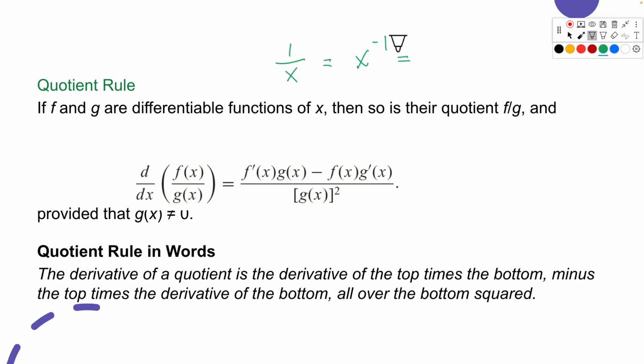When we take its derivative, that is going to come down and introduce a negative, and then we subtract 1, we get negative 2. So that's where this squared is coming from: we're squaring the denominator, because anything in the denominator is like to the negative 1 power. The negative here, instead of a plus, is coming from taking the derivative of the denominator function.